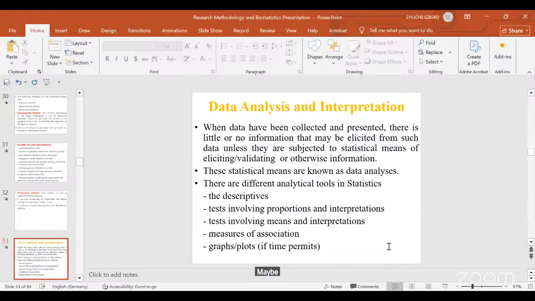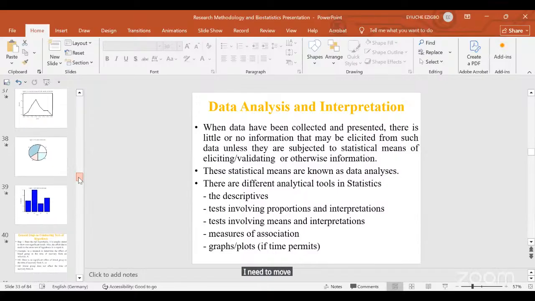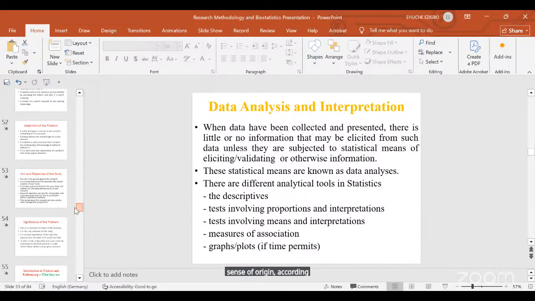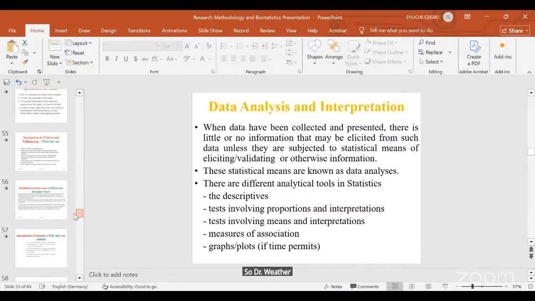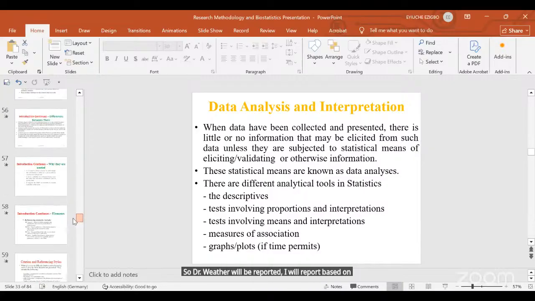Okay. Again, part of the processes may be, I want to start with this elementary part, where you need information on the state of origin of your participants. And when you have that state of origin, you will have different states presented in the data. Are we together? I may decide that in processing this data, I need to group these states of origin according to geopolitical zone, so that when I will be reporting, I will report based on geopolitical zone. Is that clear?